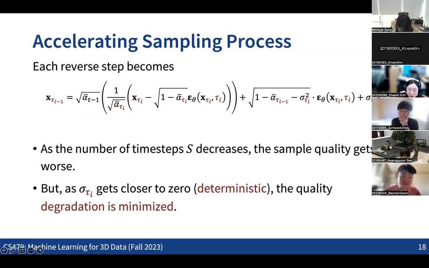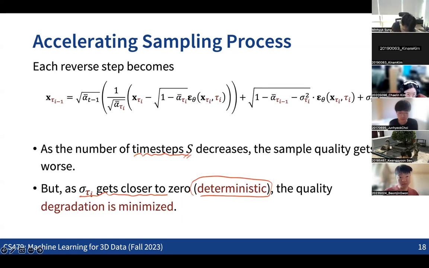So as we decrease the number of the time steps in the subsequence, obviously the sampling quality would get worse. And what people observed empirically is that as we make the reverse process more deterministic, the quality degradation from reducing the number of time steps is also minimized.